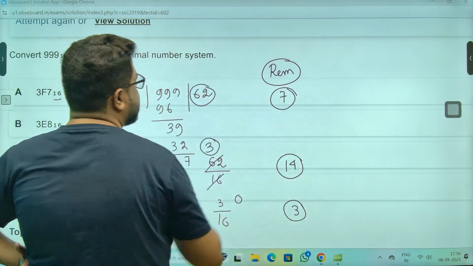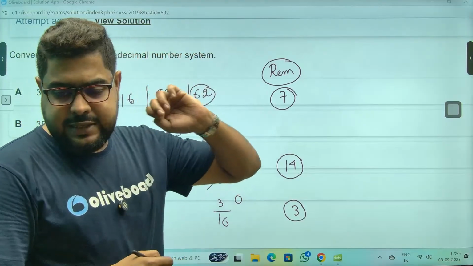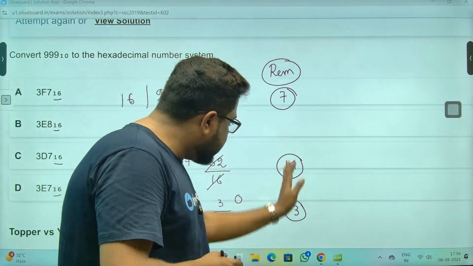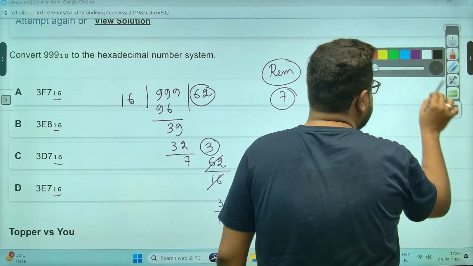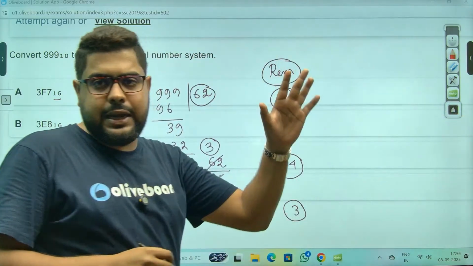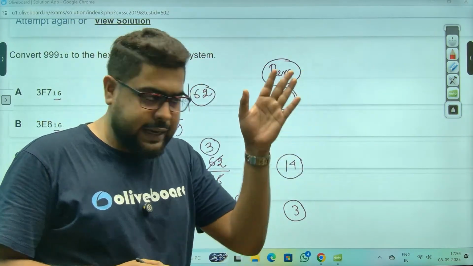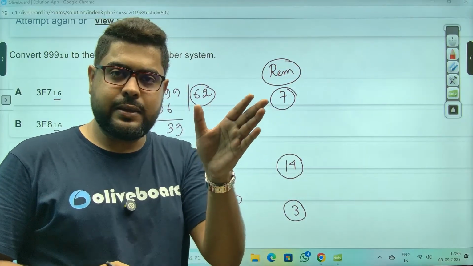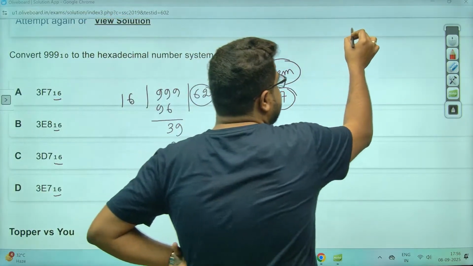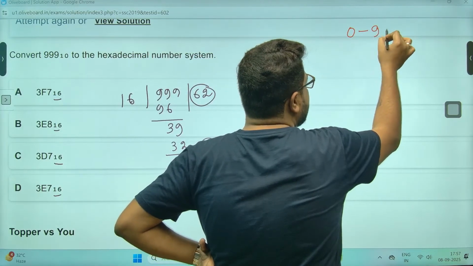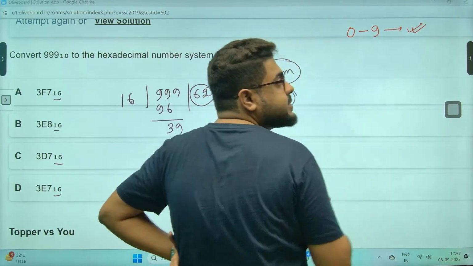Now, sir, in the hexadecimal system we always consider remainders. The remainders can go up to 15. The rule is, if the remainder is from 0 to 9, we keep it as it is.